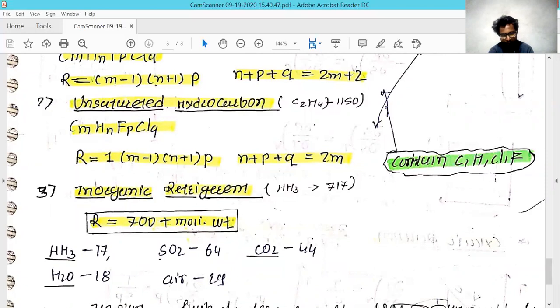In this content, I have taken examples of different notations, where ammonia has 17, sulfur dioxide is 64, carbon monoxide is 44, water is 18, and air is 29. For ammonia, the molecular weight is 17. If you put it in this formula, R turns out to be 717. This is how the formula can be asked in both manners, so you can use it to change the format of that notation.